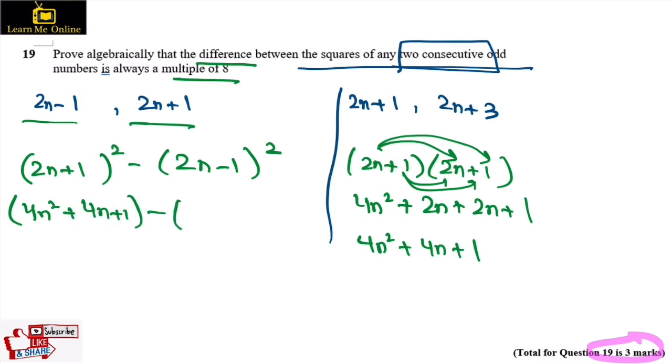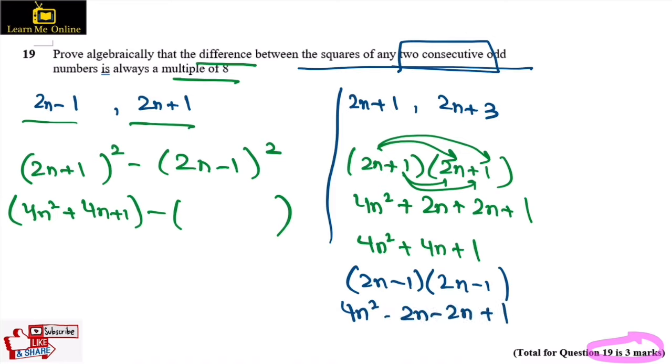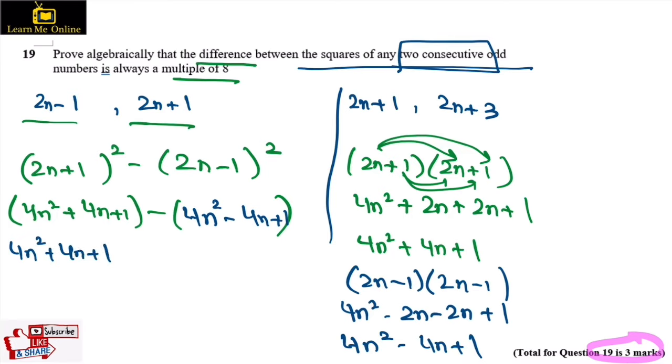There's a takeaway sign. Now we're going to expand 2n minus 1 times 2n minus 1. Opening the brackets gives 4n squared minus 4n plus 1, which is the second bracket. You open up both brackets: 4n squared plus 4n plus 1 minus 4n squared minus 4n plus 1.